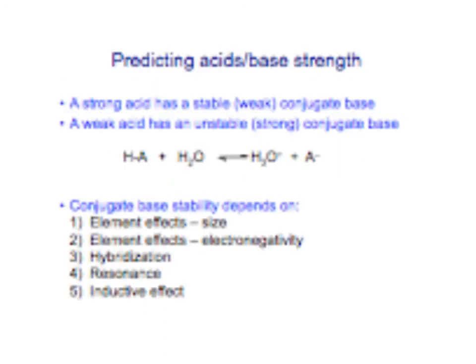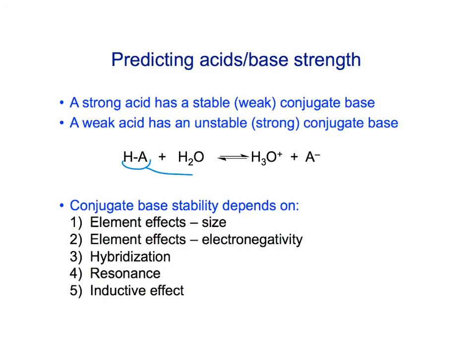So just to summarize, in the last two videos we have looked at relationships between acidity and structure. We observed how strong acids yield stable conjugate bases, right here. Weak acids give us unstable conjugate bases.